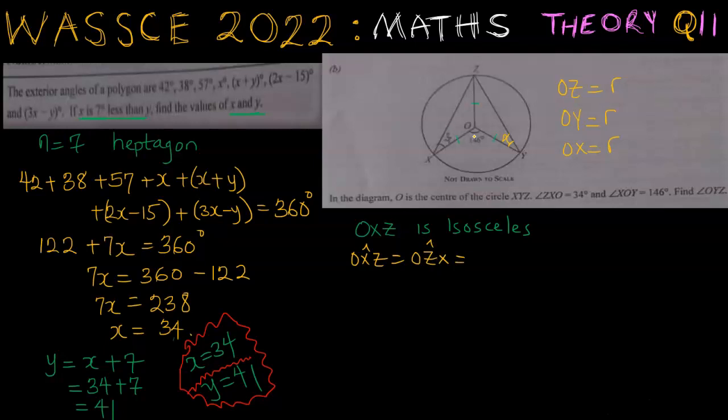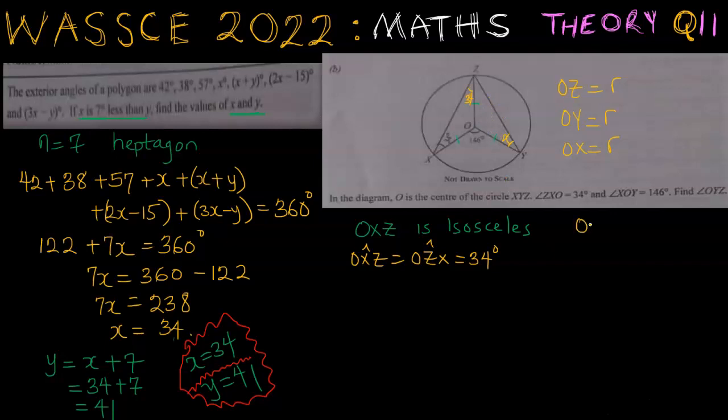Thus, since OXZ is 34 degrees, OZX is also going to be 34 degrees. So I'm just going to do this 34. Okay, perfect.